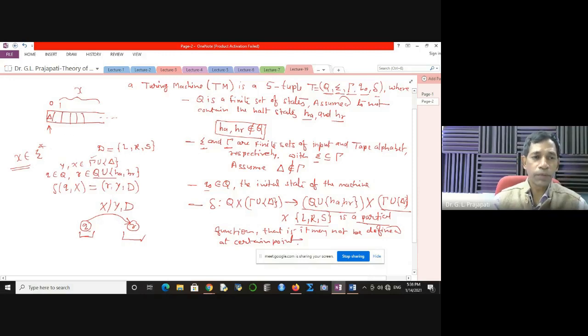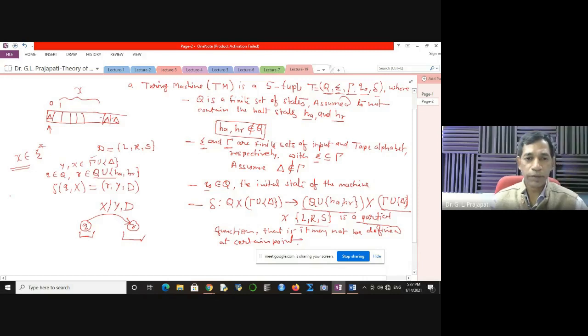So at the beginning your input is stored from square 1, and immediately after x you have blank symbols, if there is nothing else.